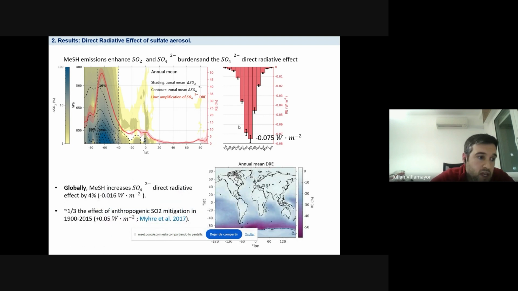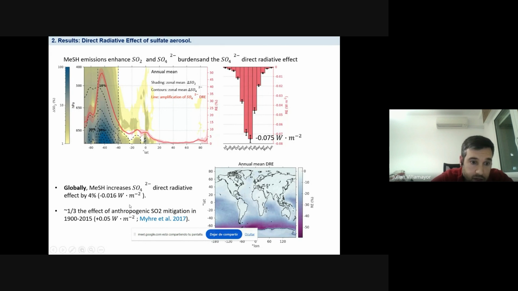Also, globally, the annual sulfate radiative cooling induced by methanethiol emissions is notably lower in relative terms, representing a 4%. This is because of the large anthropogenic contribution to the total global burden of sulfate.